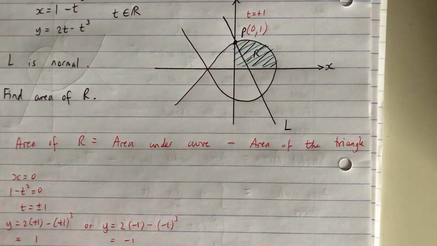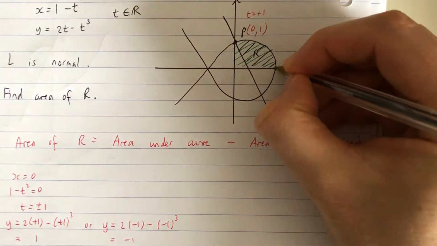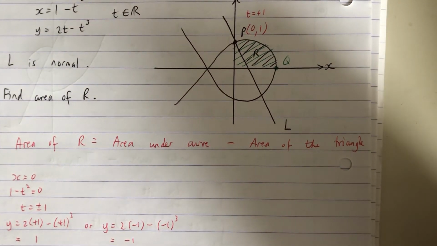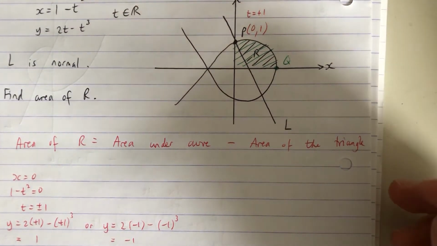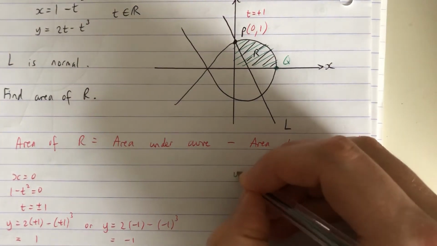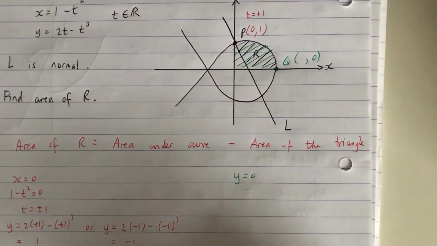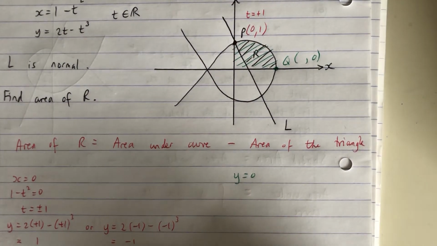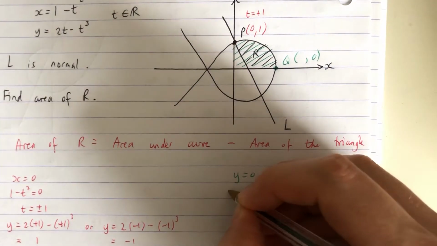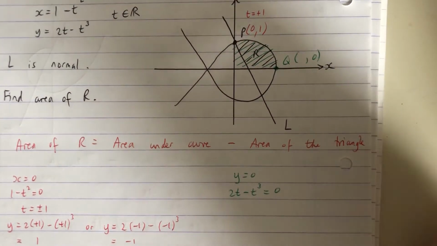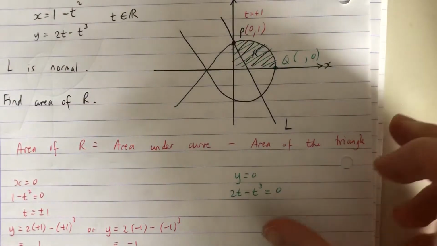This point there, which I'll call Q. Again, I want to know what the x value is, but the only thing I've been given is the y value, which is 0. So let's work out the corresponding x value. 2t subtract t cubed is equal to 0 from the equation above.